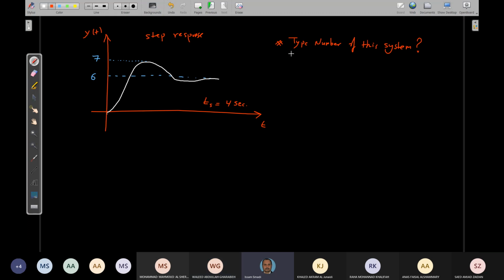Okay, let's think about it. If the system has error due to step input, then the type number is 0. This system has steady state error equal to 0, or there is no steady state error. So can you tell me the steady state error due to step input is equal to what here?